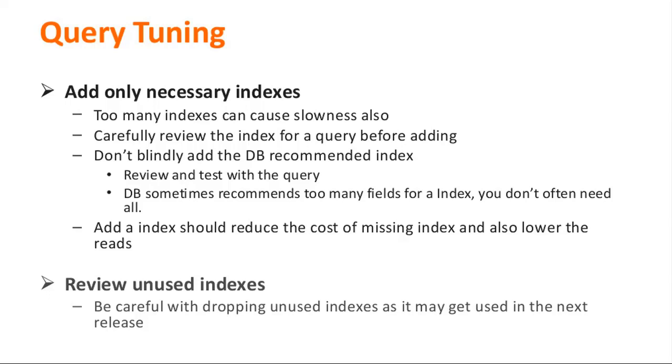It usually includes all the fields in the where clause and maybe also the fields in the select. In most cases, I've noticed you only need fields that are part of the where clause. So you can start with that, then add more if the cost is not going down or if the reads are not going down. But be careful before you add more indexes.